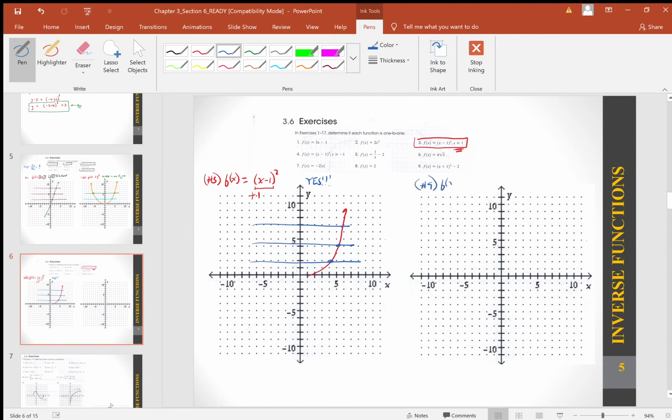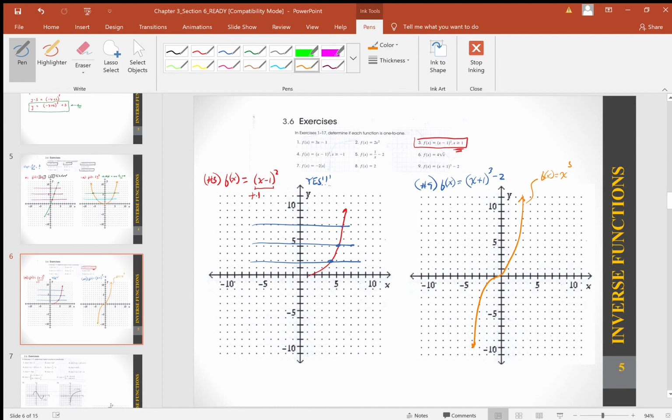f of x equals x plus 1 cubed minus 2. Okay, so in doing so, again, you can look at the basic function. It's going to look something like this. Okay, and this is f of x equals x cubed.